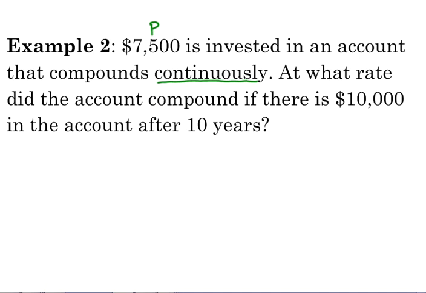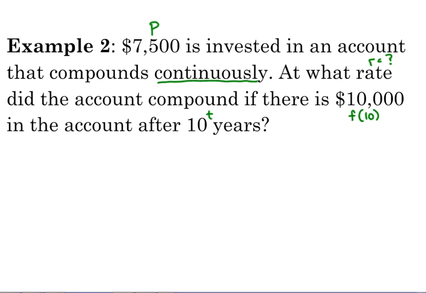At what rate, so they want to know R is our unknown here, did the account compound if there is $10,000 in the account after 10 years? So T is 10. $10,000 is our f of 10. It's how much was in the account after those 10 years. So they've given us some different information here.